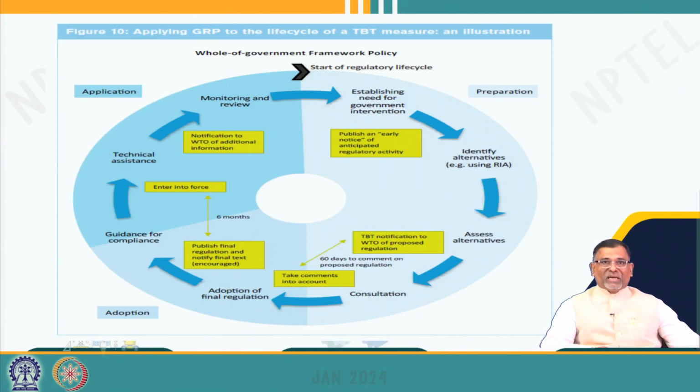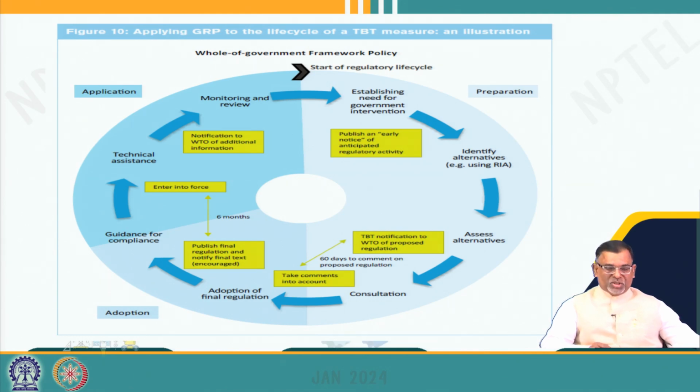And the code of good practice, the GRPs, apply to the life cycle of a TBT measure, which you can see here. The government interventions, monitoring, review and preparation, identifying the alternative ways and assessing alternatives, then TBT notification to the WTO of the proposed regulation.